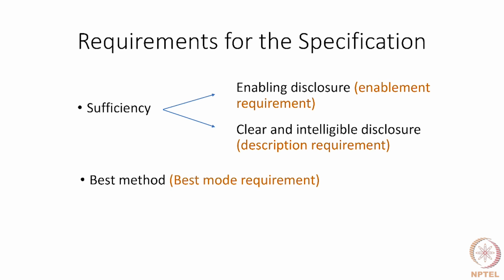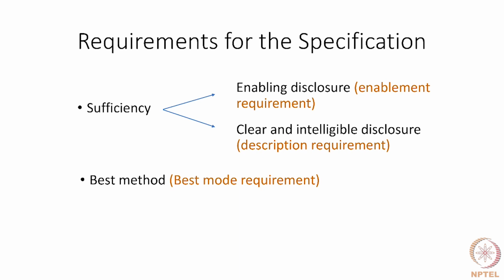So sufficiency is a requirement tied to the disclosure. Now, apart from sufficiency, you have the best method requirement. The best method requirement is also called the best mode requirement in the United States. The best mode requirement requires the applicant to describe the best method that is known to him at the time of filing. Whatever is known to him or her at the time of filing has to be disclosed.